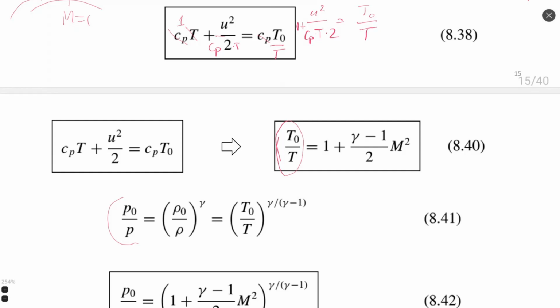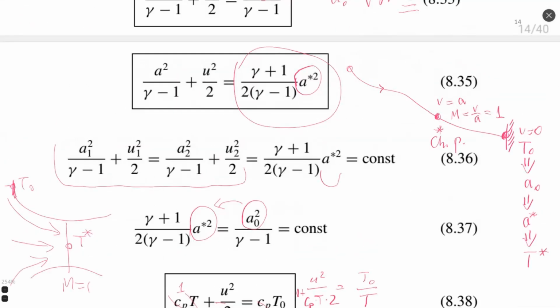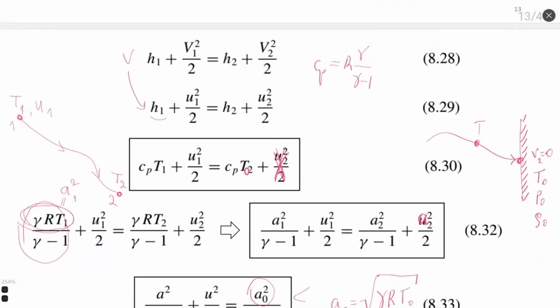And now we have to remember relation between Cp and speed of sound. You remember that they are related. Let's go upper, where we wrote this relation here.